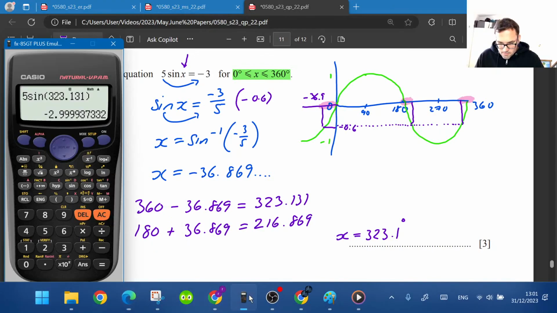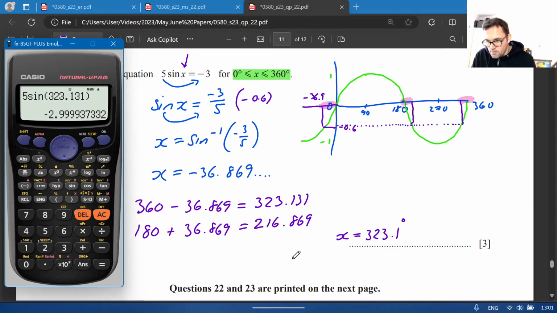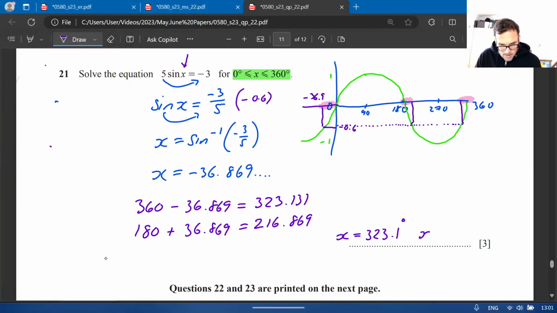Let's check if it's right. If we do 5 sin 216.869. Yes. Okay, round it, -3. So there's another answer. X rounded to 1 decimal place, 216.9 degrees.